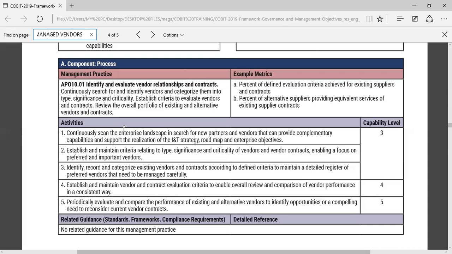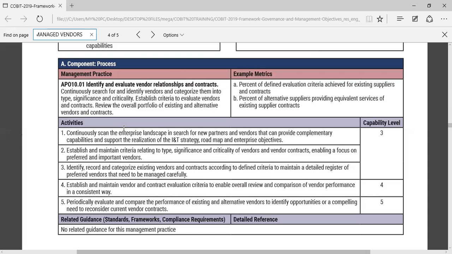Now, those are the 5 activities that COBIT 2019 has recommended for us to implement in the management of vendors. So do you have these 5 activities running? If yes, good.